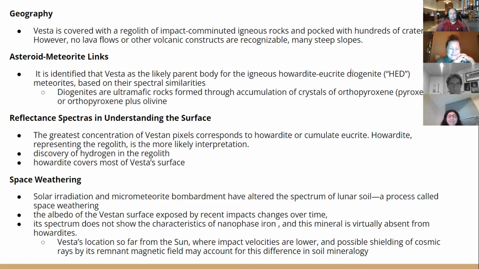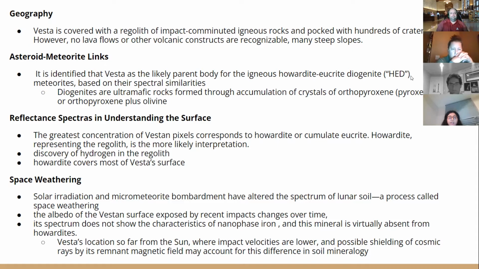And the similarities between the two is what allows researchers to make these connections between parent body asteroids and the meteorites connected to them. Another way that we can understand the surface is through reflectance spectra. The greatest concentration of the pixels when reflectance spectra calculations were done corresponded to the howardite and the eucrite.